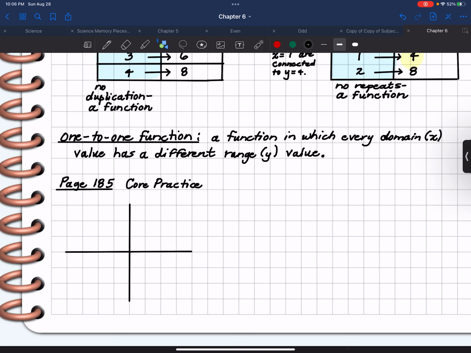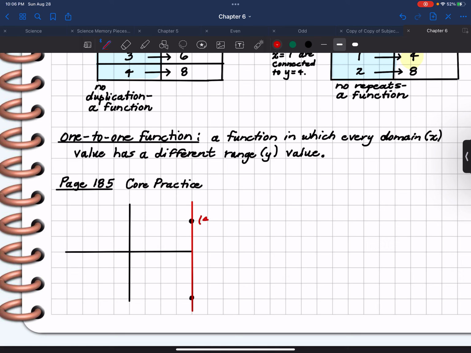They talked about (4, 2), so over 4 and up 2, and (4, -3), so over 4, down 3. So this is the function, or the line. Let me change colors on that so you can see it. This is the line that we're graphing.